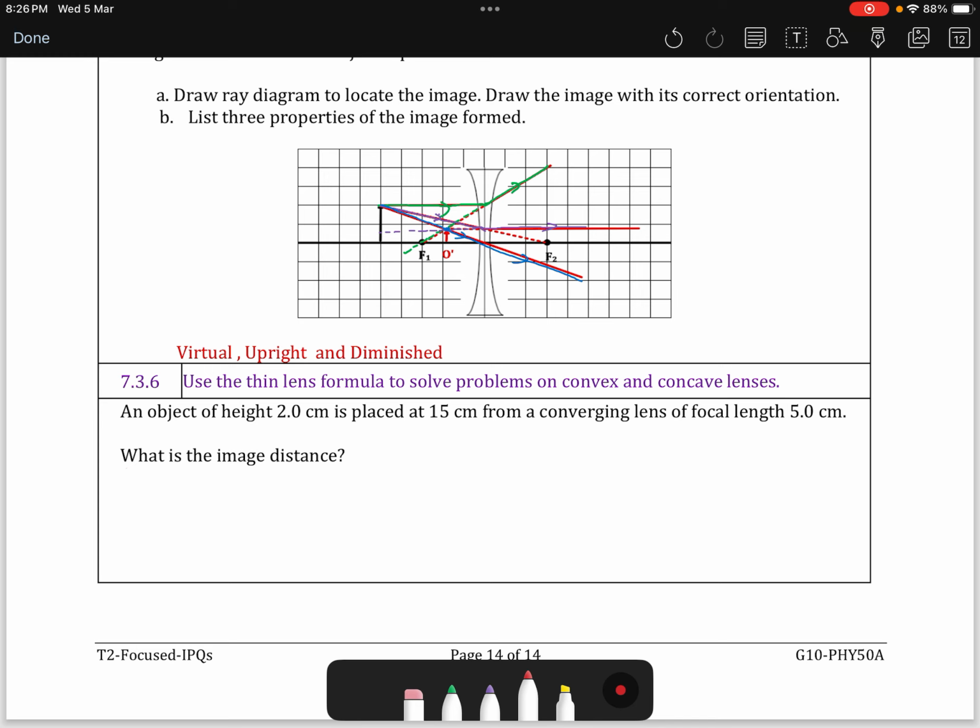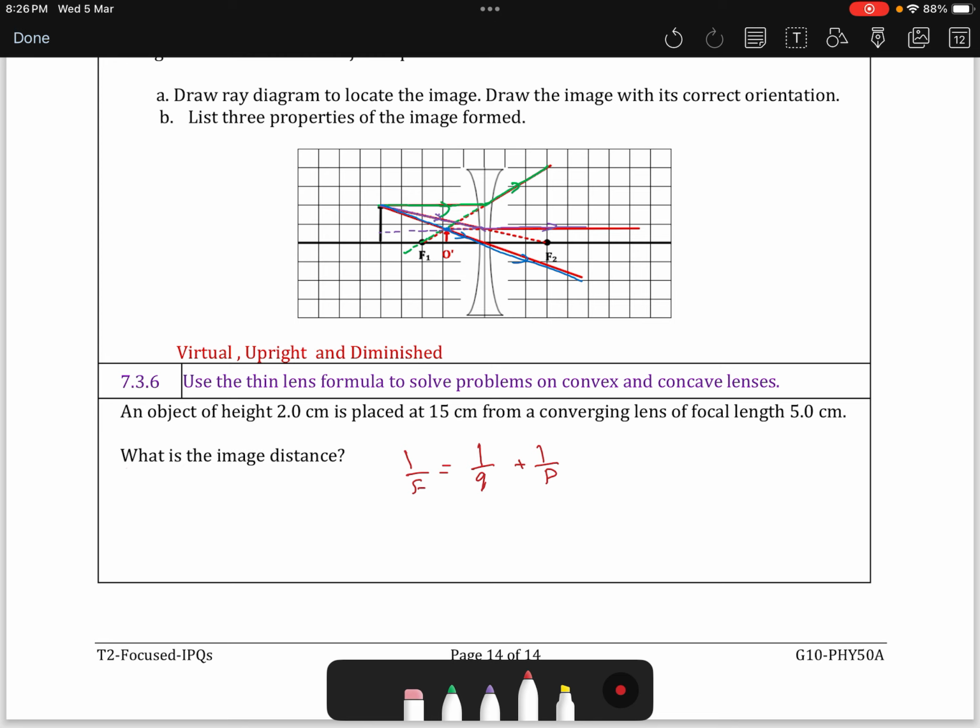Actually, we say 1 over f, this is the formula, 1 over f equals 1 over q plus 1 over b. Let me check what letters are used in the formula sheet. b is for the object, and q is for the image.